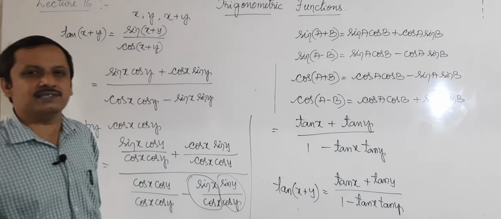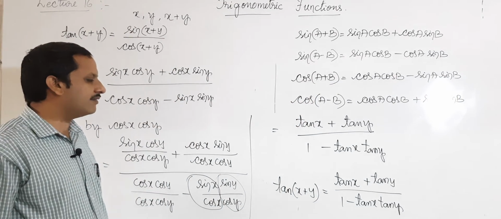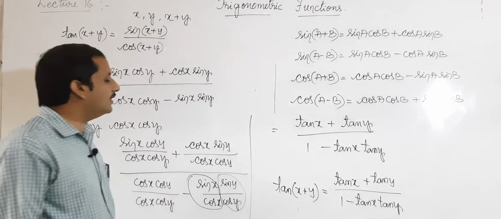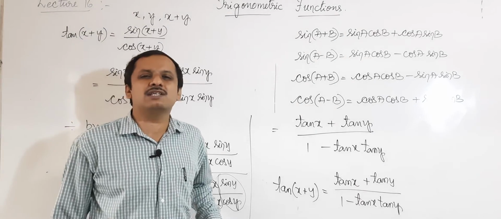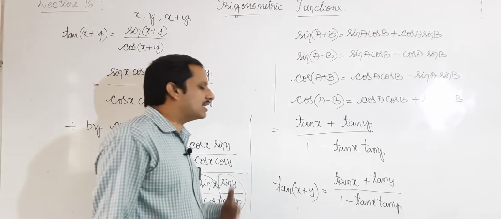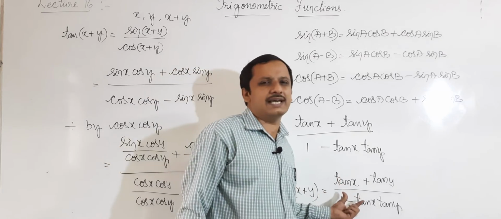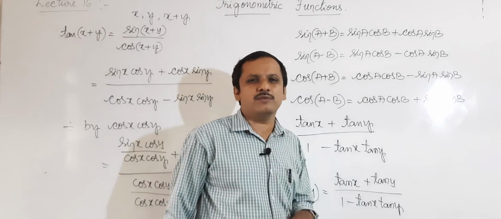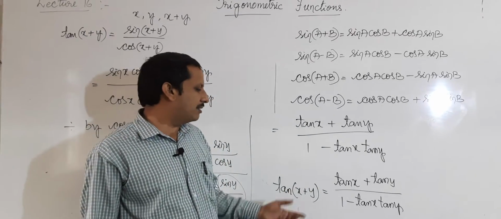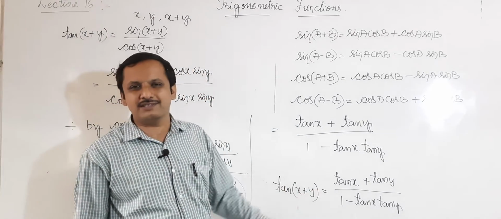Okay, tan x plus y is equal to tan x plus tan y divided by 1 minus tan x tan y. See, in the beginning I told you that x, y and x plus y should not be odd multiples of pi by 2, because if x is an odd multiple of pi by 2, then tan x is not defined. If y is an odd multiple of pi by 2, then tan y is not defined. If x plus y is an odd multiple of pi by 2, then tan x plus y is not defined.